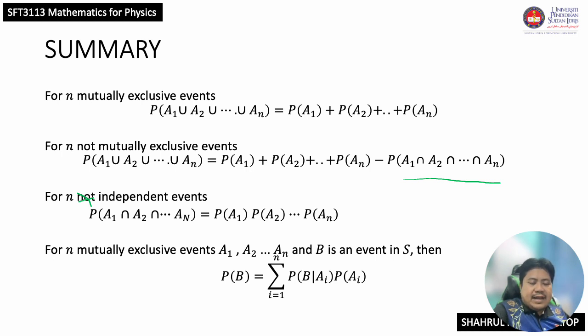And lastly, for n mutually exclusive events, the total probability can be written with this relation.